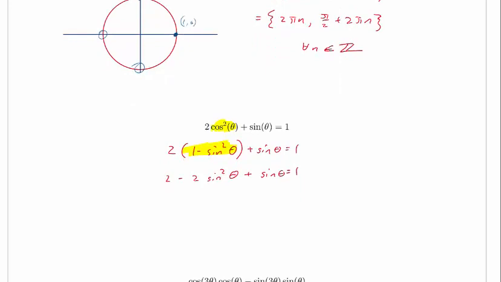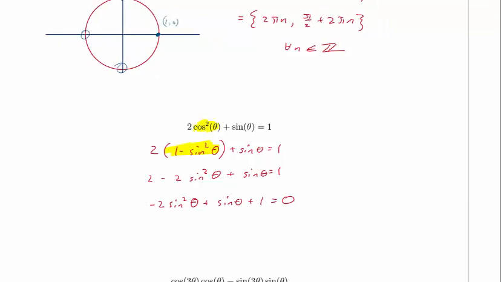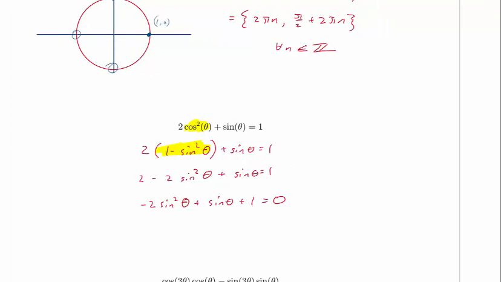All right, move the 1 over so that we have negative 2 sine squared theta plus sine theta plus 1 equals 0. So now we can see that all we have to do, we can use the quadratic formula and set it up like this.